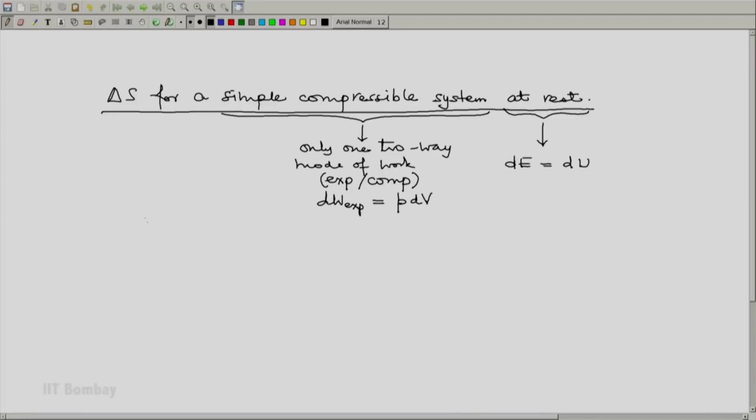Now remember that the first law will be applicable, dq is dE plus dW, and with this assumption that dE equals dU, this becomes dU plus dW. Now we want to execute a process reversibly, and that means this dW must be only two-way mode of work.